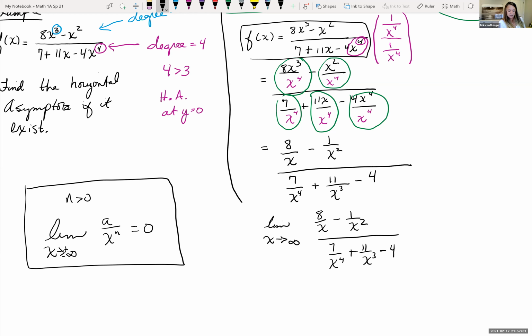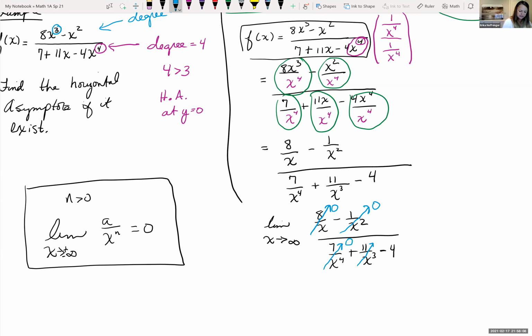So we can break it down as a limit of the first term in the numerator minus the limit of the second term in the numerator divided by the limit of the first term in the denominator plus or minus, etc., of the terms in the denominator. So every time I see a number over x raised to some power and that x value is going to infinity, I know that whole piece is going to 0. So 8 over x as x goes to infinity goes to 0. 1 over x squared as x goes to infinity also goes to 0. 7 over x to the 4th as x goes to infinity goes to 0.